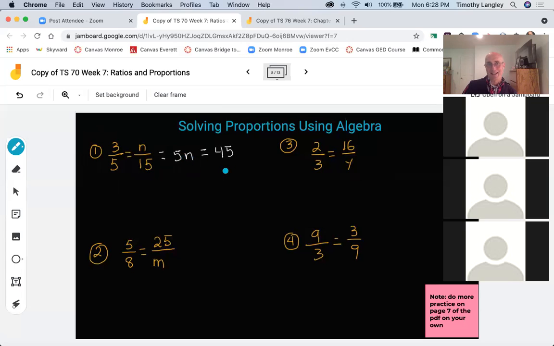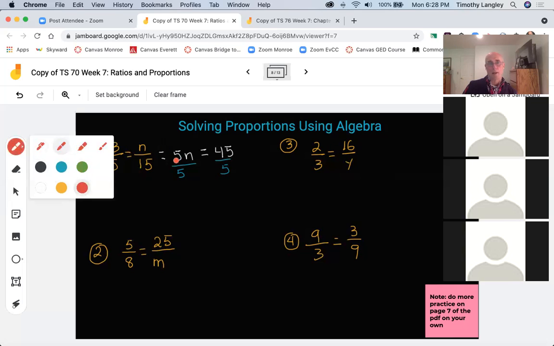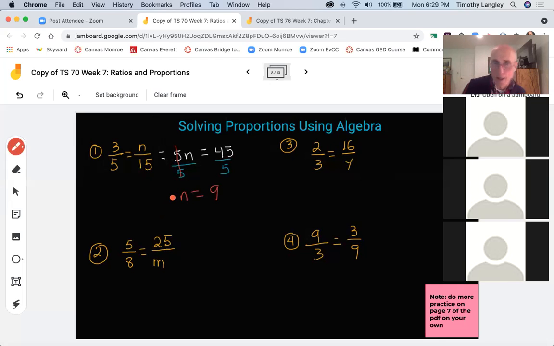You want to know what n equals. Since it's 5 times n, if I divide this side by 5 and divide this side by 5, that cancels out my 5s, and now I have n equals 5 goes into 45 9 times. So algebraically, using algebra, that's how we would solve these.